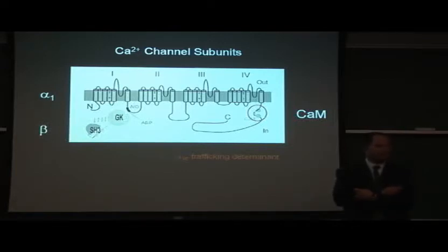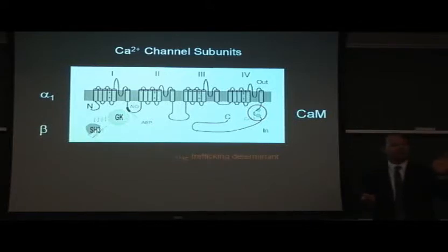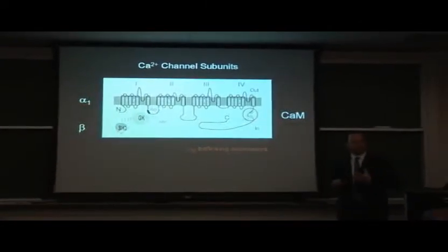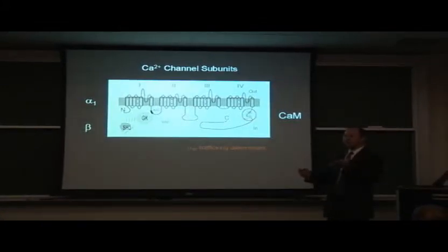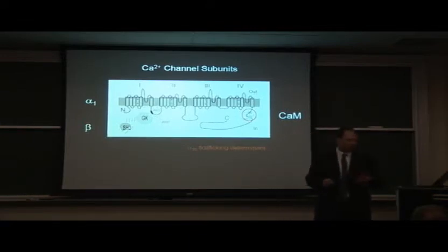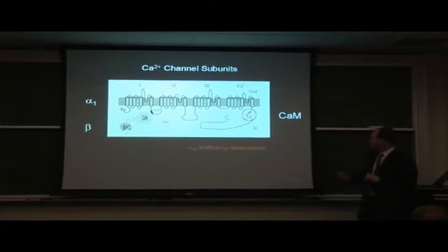This work was done in HEK cells and myocytes, and it was published right around the time when we first realized that calmodulin was interacting with the channel in the same domain. And I said to myself, well, it's clearly interacting with the calmodulin binding site, so calmodulin must be controlling trafficking. I have no interest in trafficking. I'll never work on it. And it's happened to me several times in my relatively short career: as soon as I say that, I end up actually having to do it.